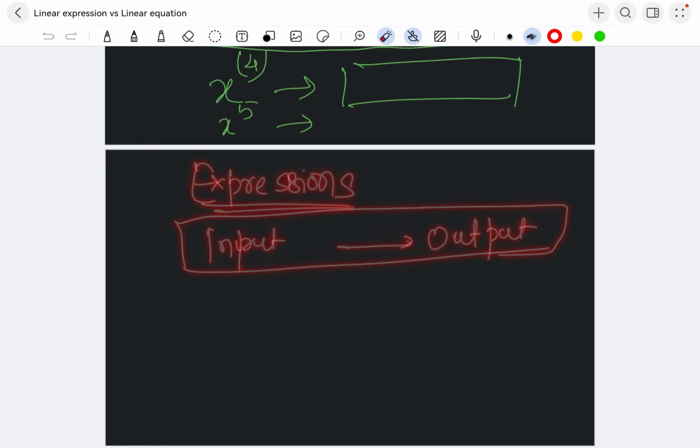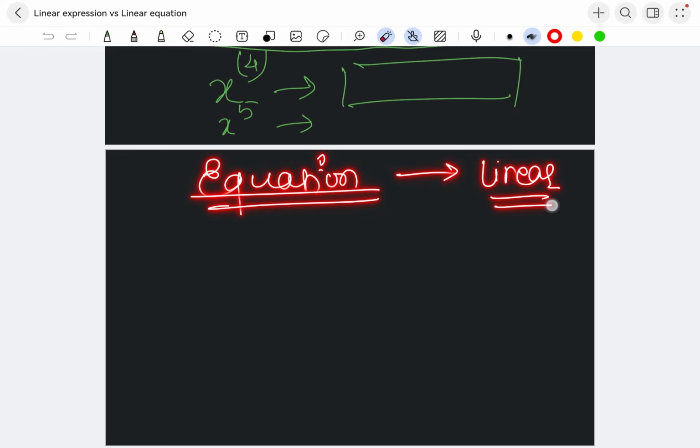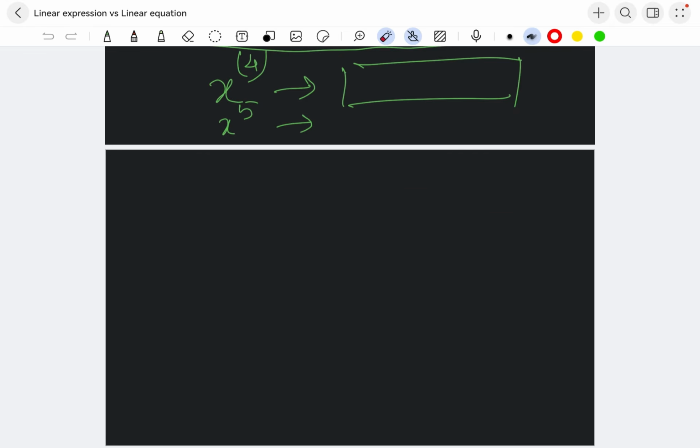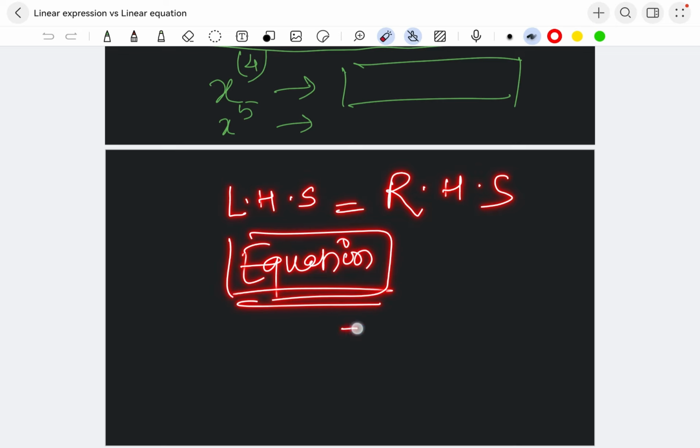Now let us understand what an equation is, and then we will understand what a linear equation is. First, understand about equation. Whenever there is LHS equal to RHS, then we have an equation. That means for an equation, you will always have an equal sign, and there will be a left hand side section and a right hand side section.